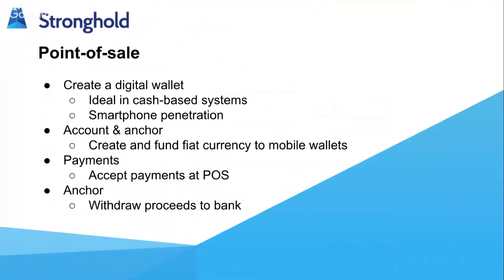So the assumptions for this particular use case are that the users have smartphones. One of the suggestions we've made is you could create a digital wallet for your customers, and they could fund those using fiat currency. So you would use the account API to create the digital wallets and the anchoring systems to introduce cash into those wallets.